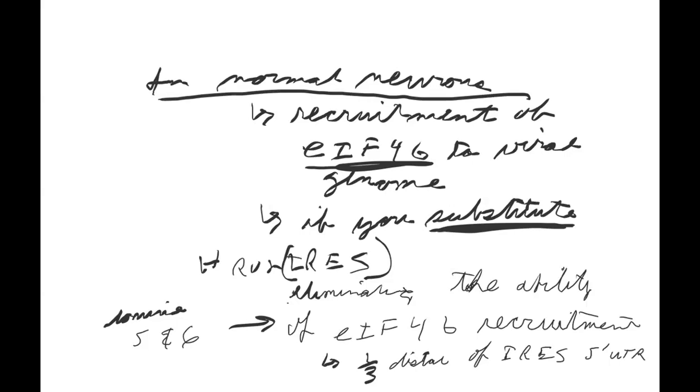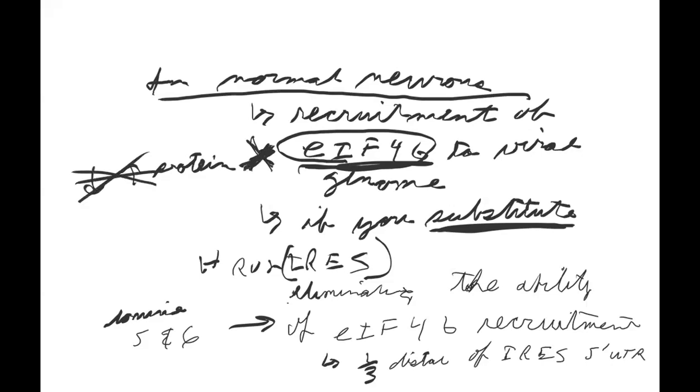And if you substitute that area, then you eliminate the ability of this to actually, because you got to remember, this has to bind to allow for proteins to start to be created from the virus. Okay. But if you break that connection, if you break that binding, the proteins can't be made.